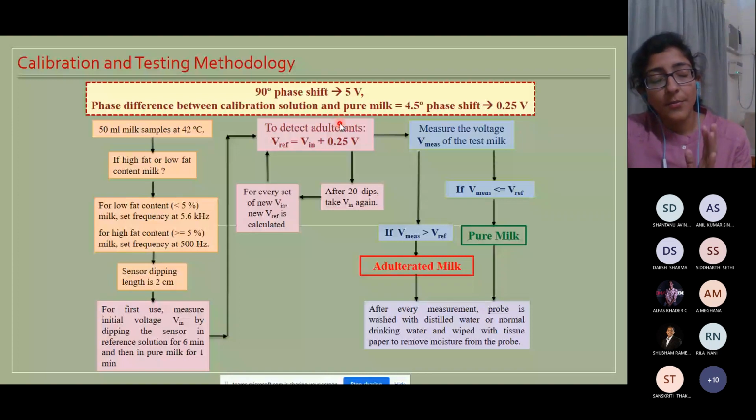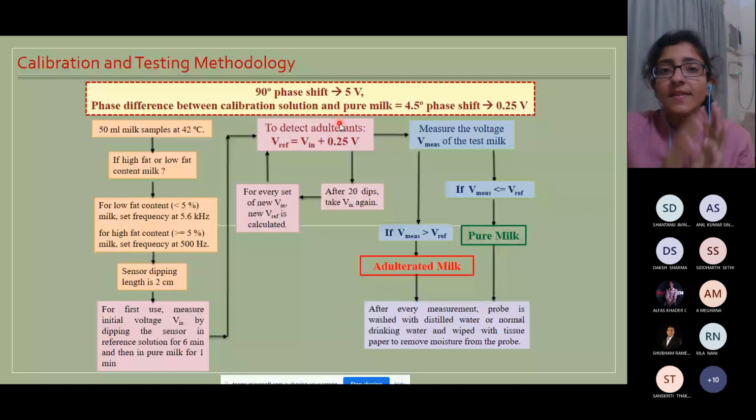This 0.25 volt phase shift normally happens for pure milk. After calibrating, it gives a reference voltage, and whenever we dip into an adulterated milk, if the voltage exceeds that reference voltage, we say it is adulterated milk, and if it is within that range, we say it is pure milk.